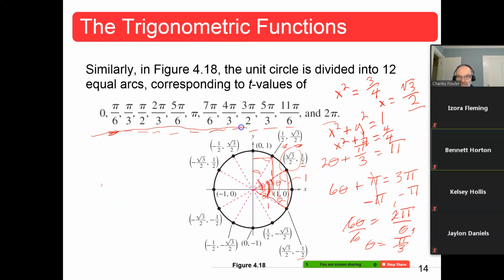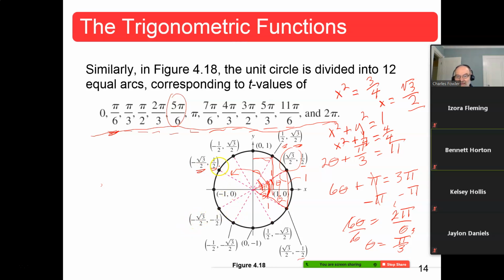Hey, for these 12 real numbers here, we know every point (x, y) on that. So therefore we know every trig function. Pick one, like right over here, this one right here. This would be 5 pi over 6. The sine of that is 1/2. That's the y value. The cosine of that is negative root 3 over 2.